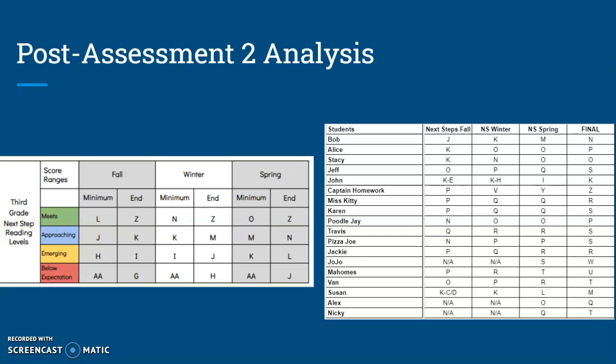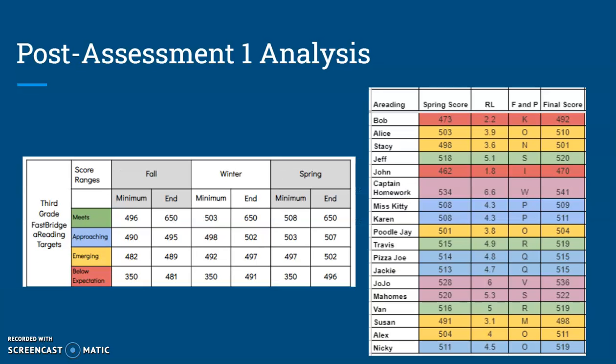According to FastBridge and Next Steps, 90% of my students are on grade level or above for reading level performance, and 10% of students are performing at a 3rd grade level, but not far behind their peers. That just means they're performing more like a beginning 3rd grade level, with only 0.5 students performing at a 2nd grade reading level.